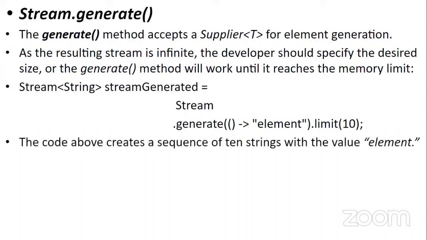What exactly are we trying to say here? It creates a sequence of 10 strings with the value element. Once again, we'll go here: stream string generated dot generate. Previously we have seen builder, and now we are seeing generate.